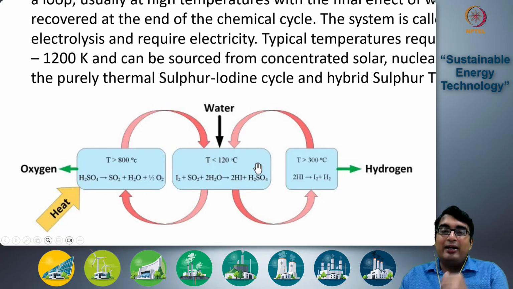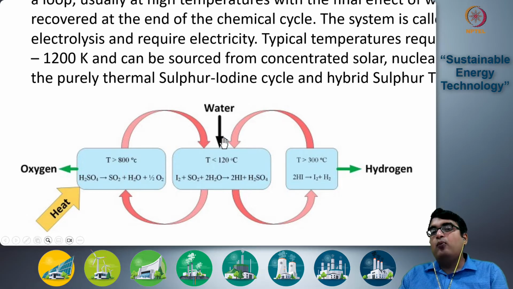Fine. What happens to the sulfur dioxide and sulfuric acid? This sulfuric acid is fed into the highest temperature reactor, operating at 800 degrees centigrade and above, where it breaks down into sulfur dioxide, water vapor and oxygen. This sulfur dioxide and water vapor is fed back into the system. Note that here you have 2 moles of water and here you have 1 mole of water.